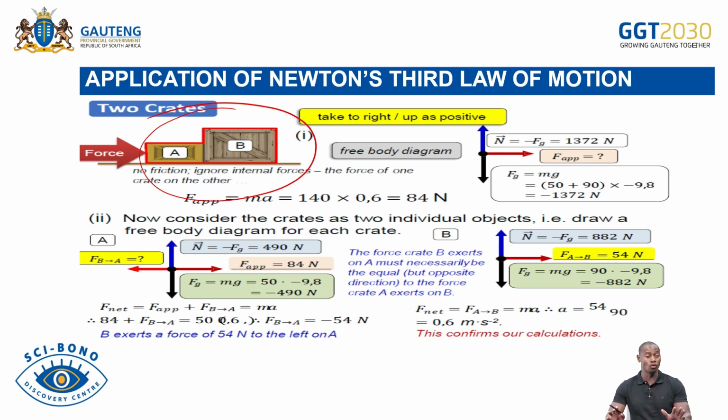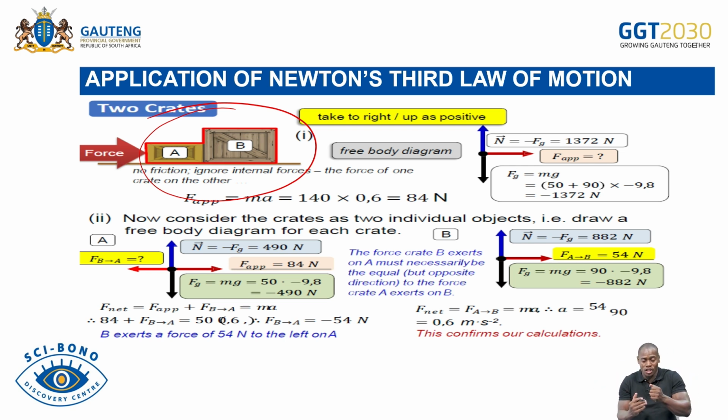I'm not going to do calculations here. But what is important when it comes to the properties of action-reaction pairs of forces? For example, you can see object A and object B in contact here. The action-reaction pair of forces will be the force exerted by A on B, which goes together with the force exerted by B on A. That is a pair.